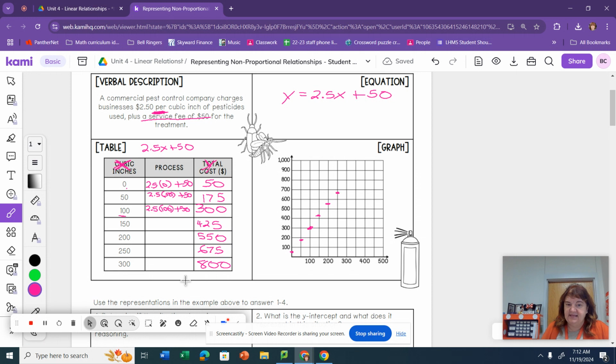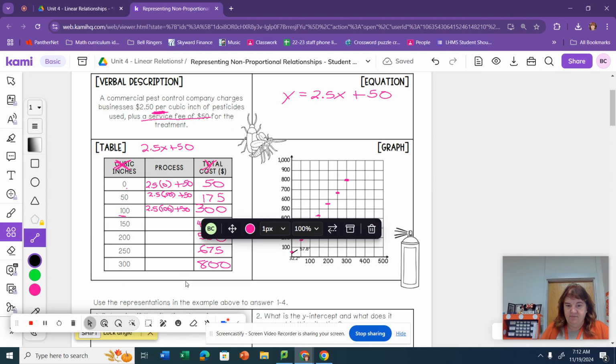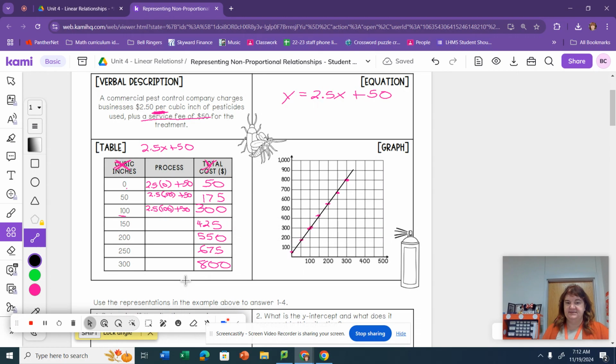And then lastly, 300, we're going to go up to 800. And there's your nice straight line. Do I have where I can draw a line on here? Let's see, shapes, line. So we'll go from here. There's my nice straight line going through those points.